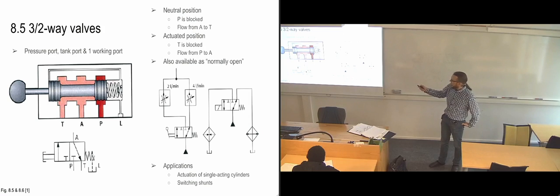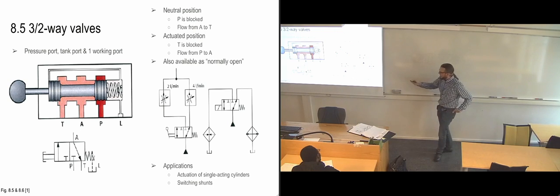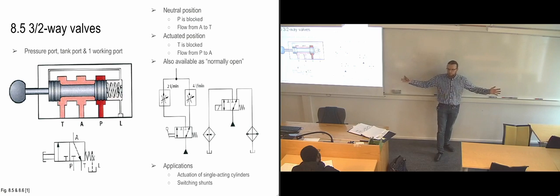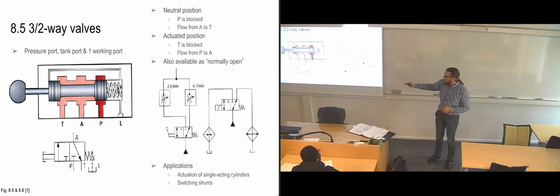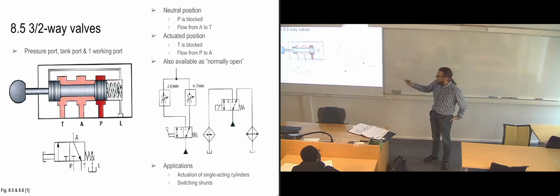The same happens in this other part here, where we have a cooler. It looks a bit like the filter symbol, but since it has arrows going out to the side, it means that you are extracting heat from the hydraulic fluid. And this one is a heater, because it has arrows going into the center, so you're adding heat to the hydraulic fluid. So this one is used as a switching shunt.